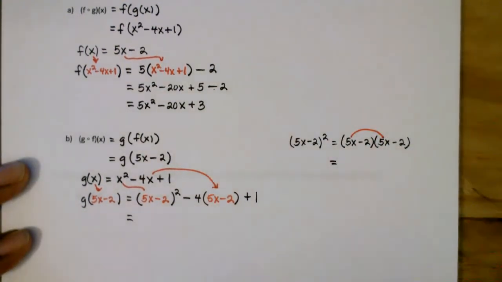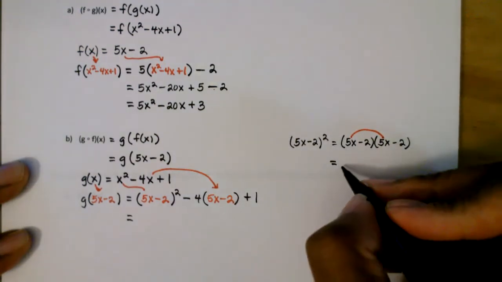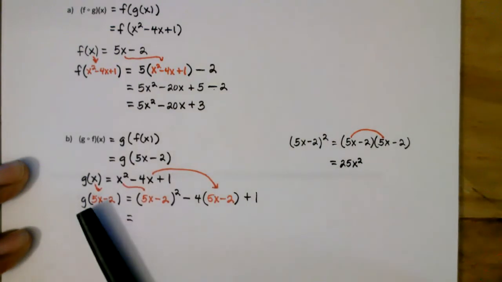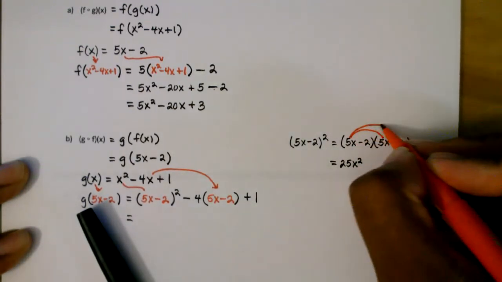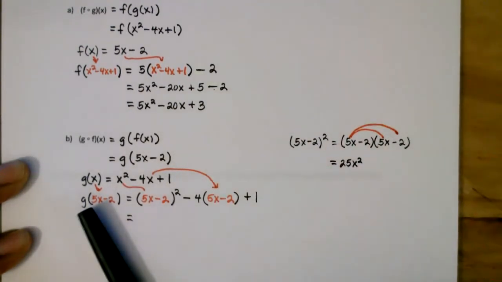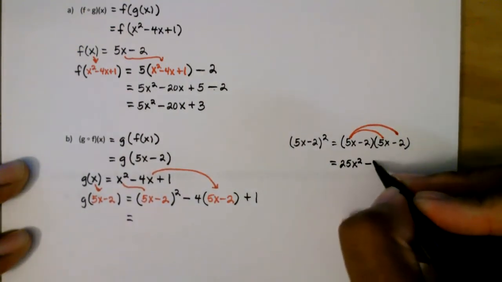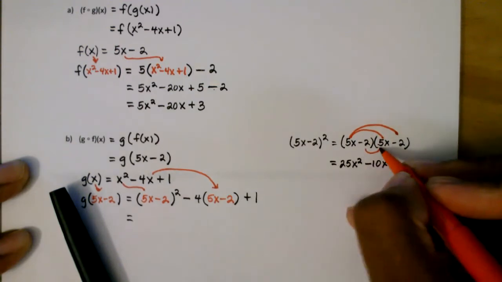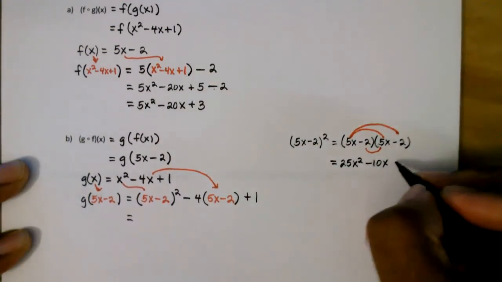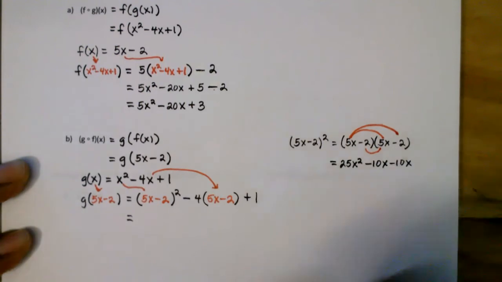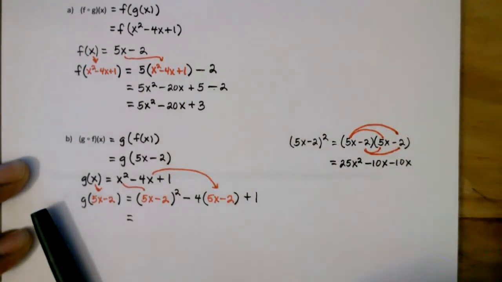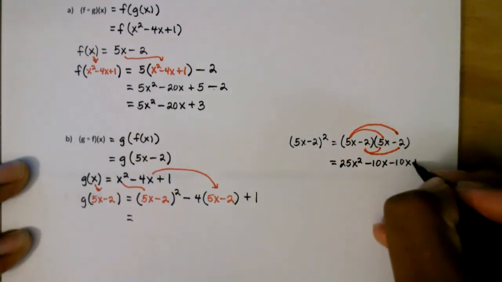So that FOIL method is this. First times first, 5x times 5x, that's 25x squared. And then the outer would be 5x times a minus 2, that would be minus 10x. The inside, minus 2 times 5x, would be a minus 10x. And then the last times the last, minus 2 times a minus 2, that'd be plus 4.